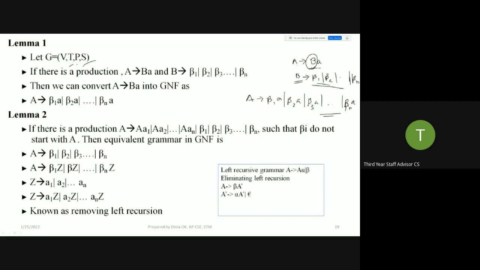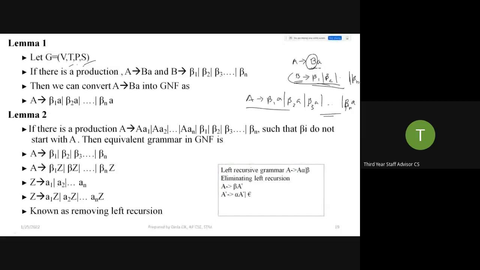If we have a production of the form A implies BA, it is not allowed in Greibach normal form because we have a non-terminal at the start of the right-hand side. So we can replace this B with its right-hand side, and our new production will be of the form A implies beta 1 A, beta 2 A, etc. So this is lemma 1. During the conversion process, lemma 1 and lemma 2 will be used.